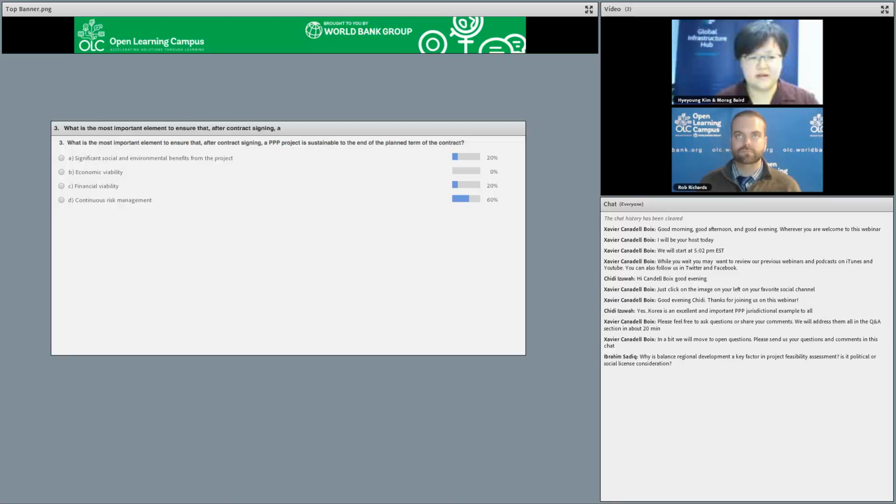So I think financial viability is also a critical issue. It is very interesting that the majority of answers think continuous risk management is the most important element for sustainability.